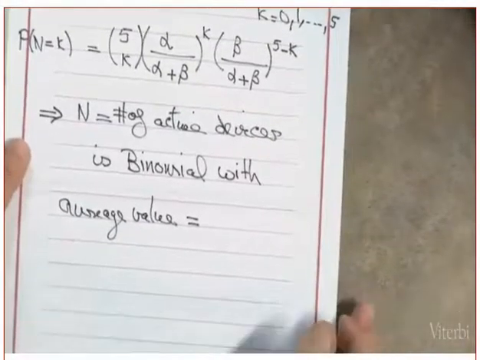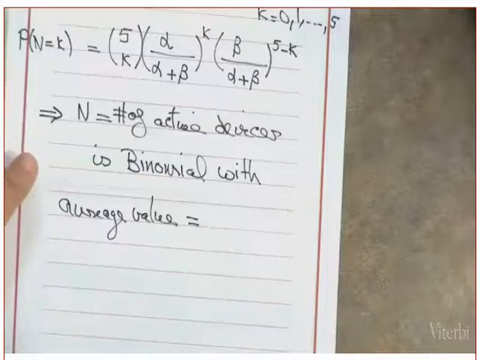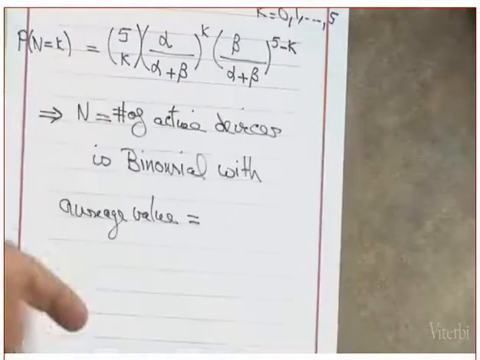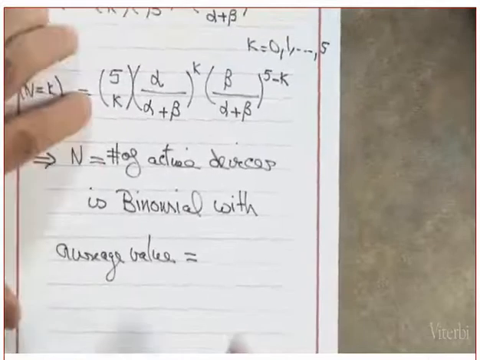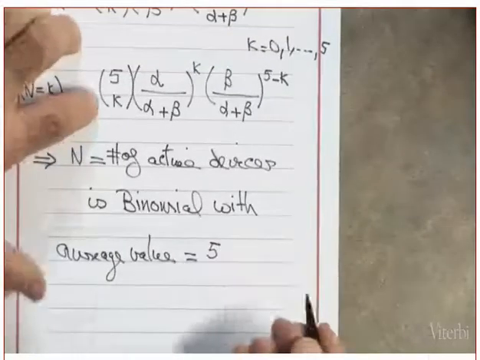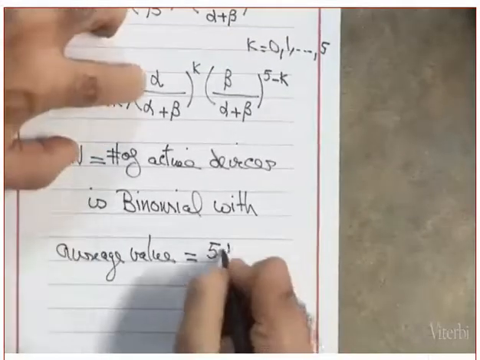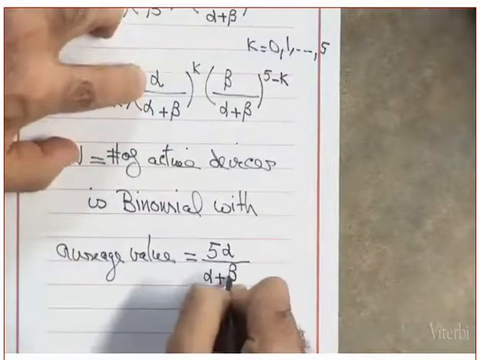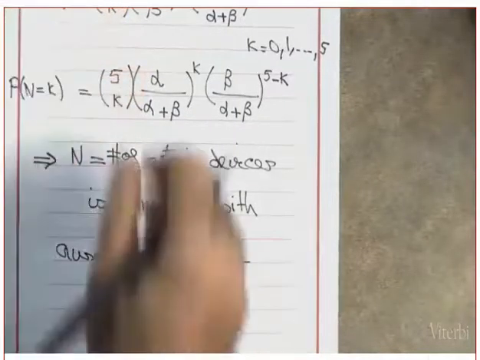What is the average value of a binomial? What is the N here? 5. What is the P? Alpha over alpha plus beta. Did you get it or not?